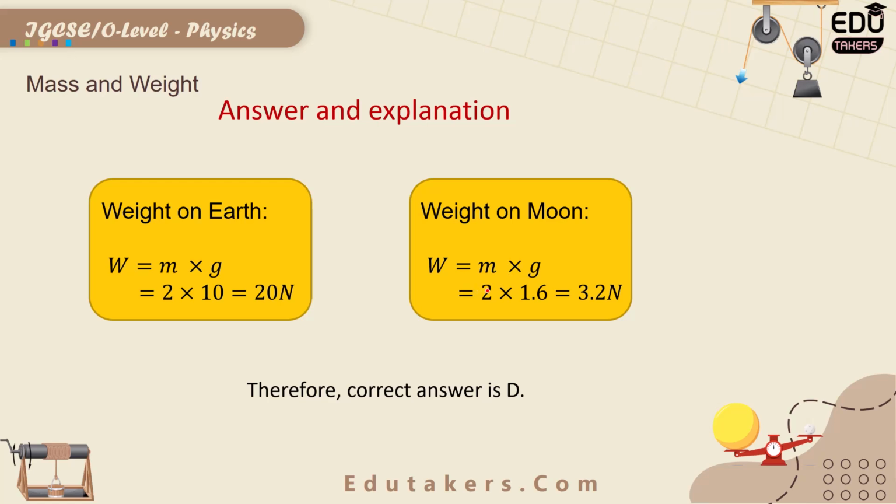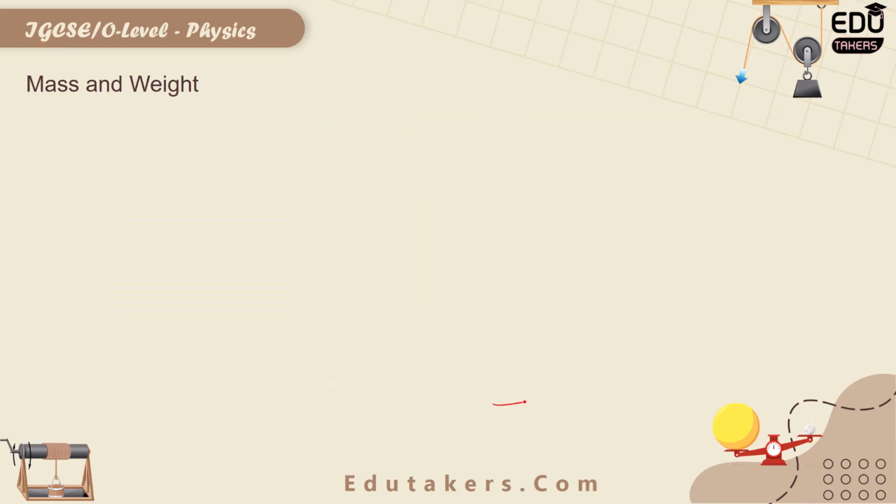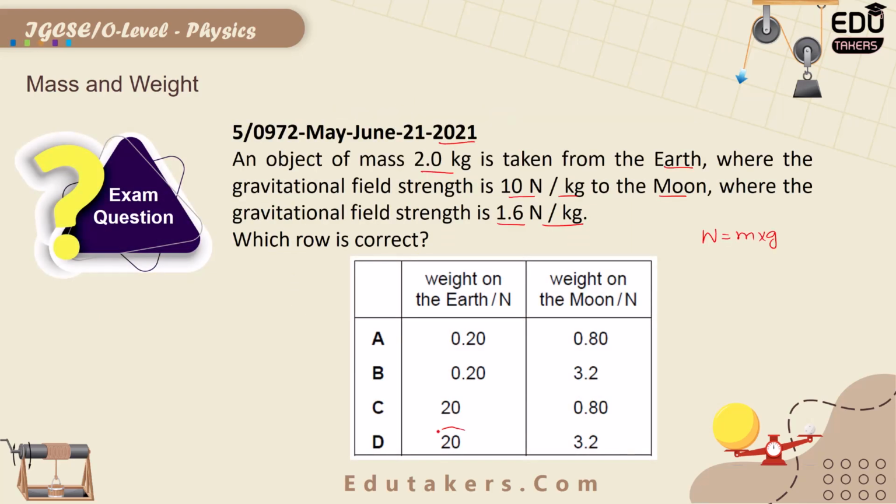See these values. On the surface of Earth the weight is 20 Newton while on the Moon the weight is 3.2. According to that, answer D is correct. Let's see answer D. Here the value of weight on the Earth is 20 Newton and on the surface of the Moon it's 3.2. That's why the correct answer is D.